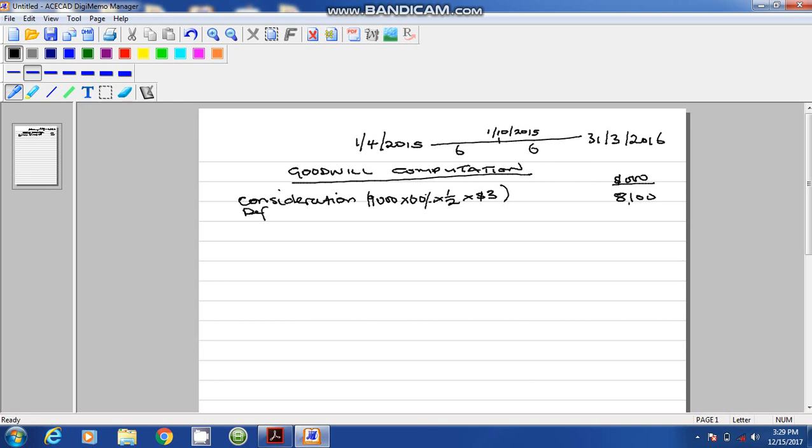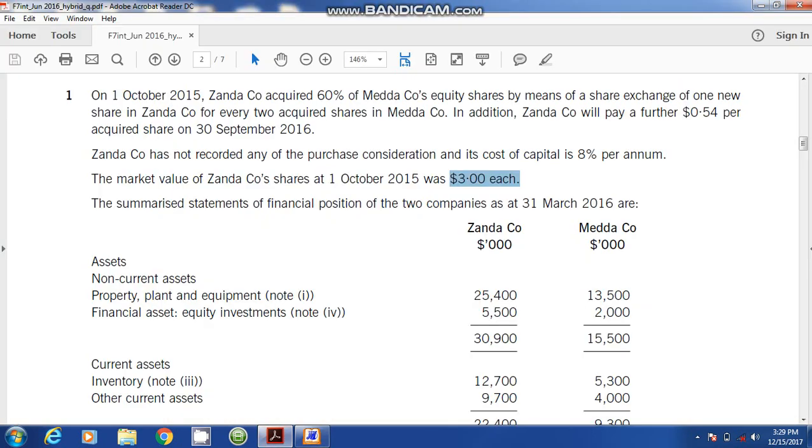Then the deferred consideration of a further $0.54 per acquired share to be paid on 31st of September 2016.